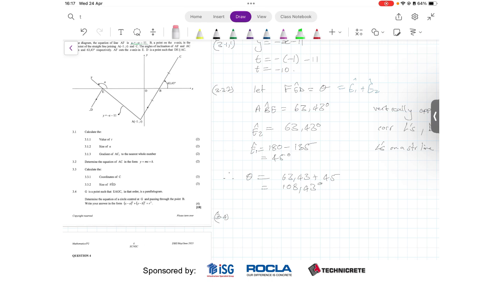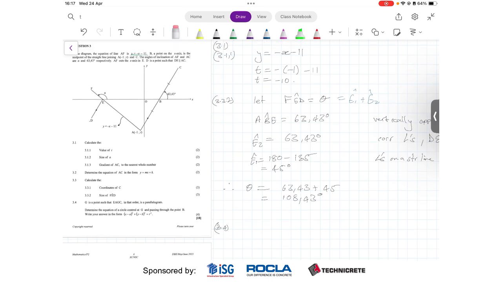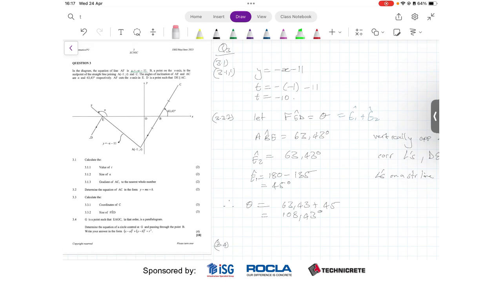Since EAGC is a parallelogram in that order, I am going to try and draw this parallelogram, although I have no idea what it's going to look like. Where could the G be?